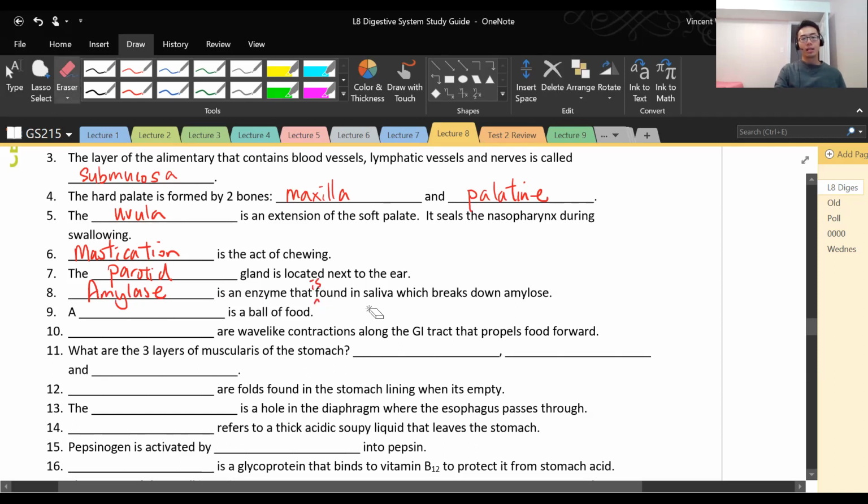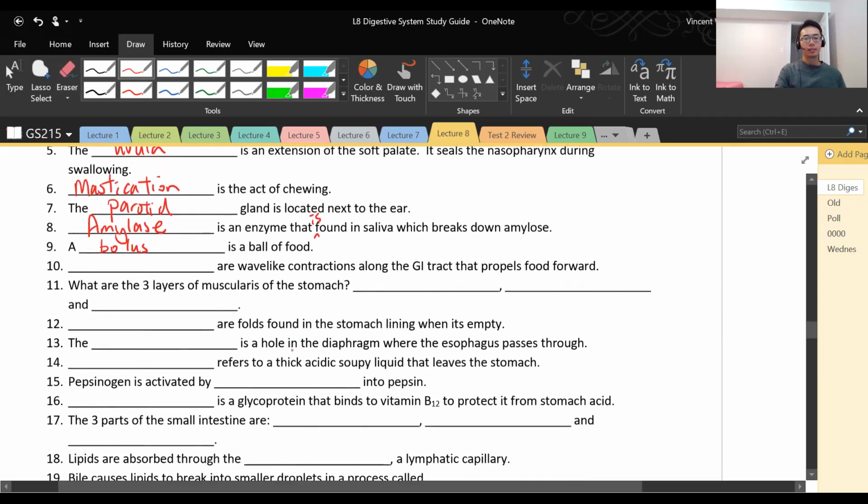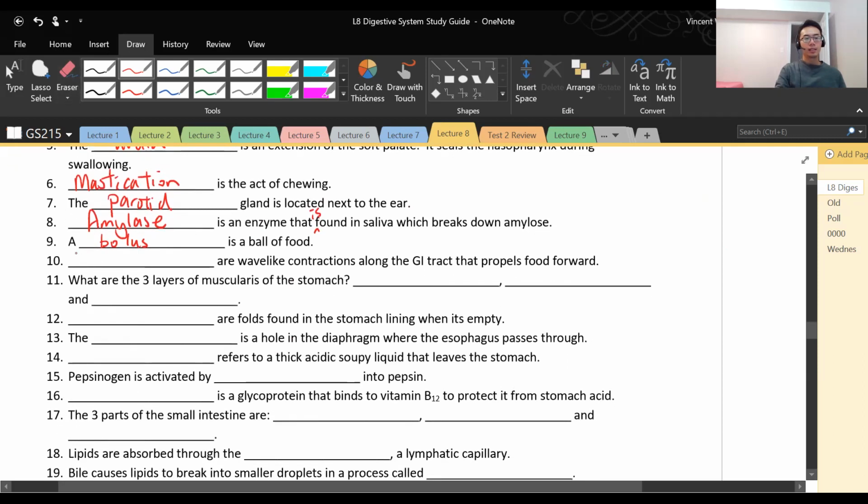You will also find amylase in the pancreatic juice.